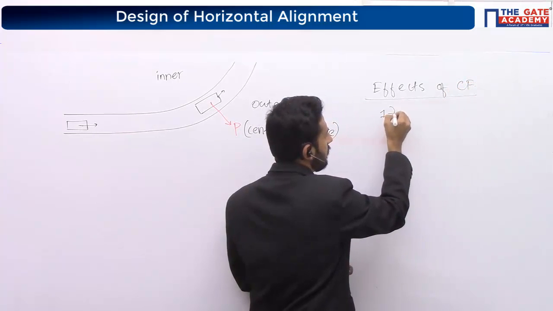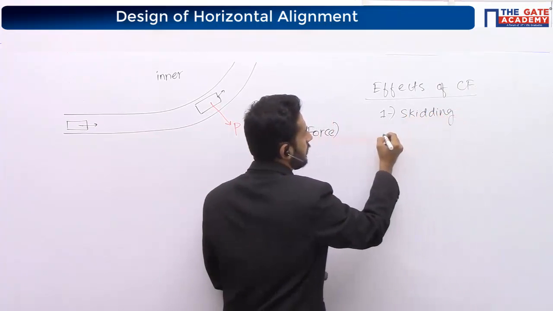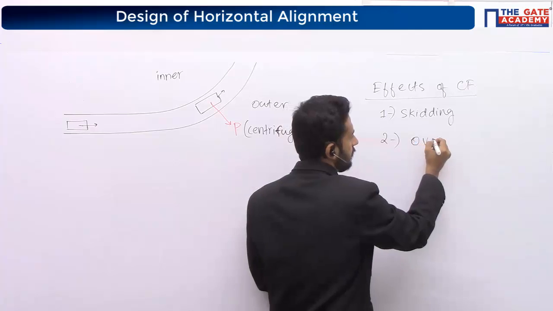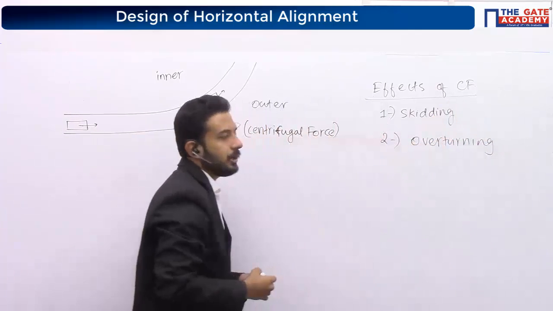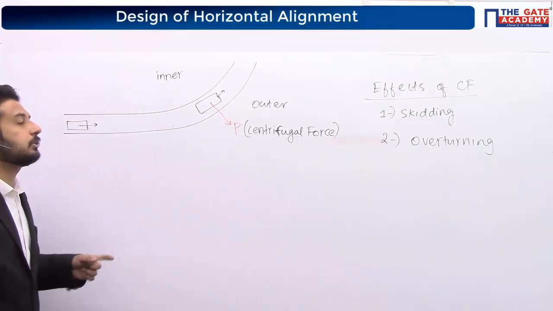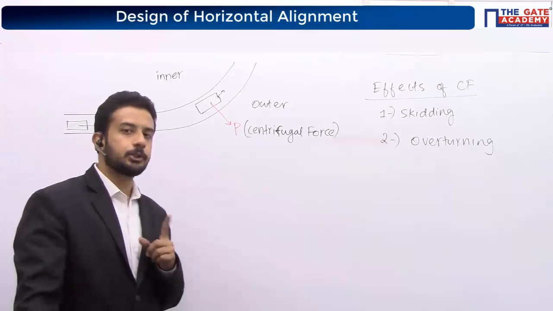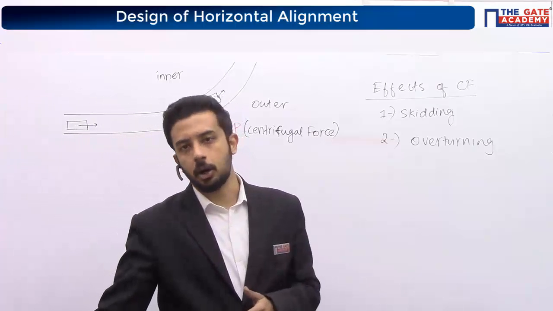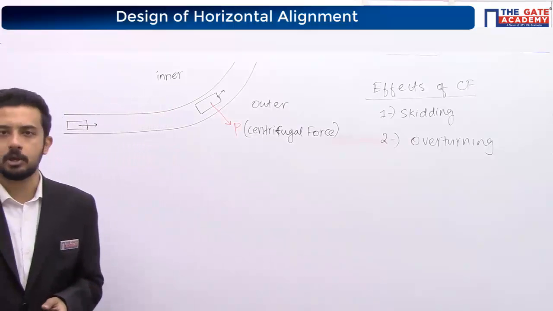First thing is your vehicle may skid. So there is a chance of skidding. The second thing is your vehicle may overturn. So whenever you are moving on a horizontal curve, we have to take care of the centrifugal force effects. Your vehicle shouldn't skid, your vehicle shouldn't overturn. There are some conditions for when your vehicle may be skidding and when it may be overturning.